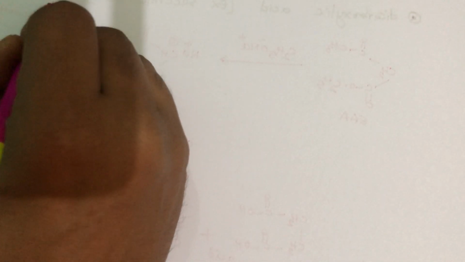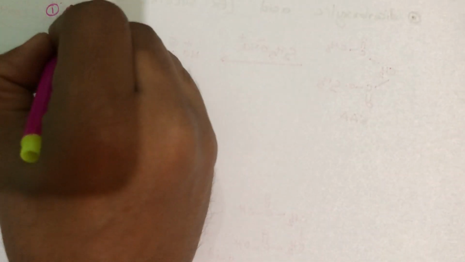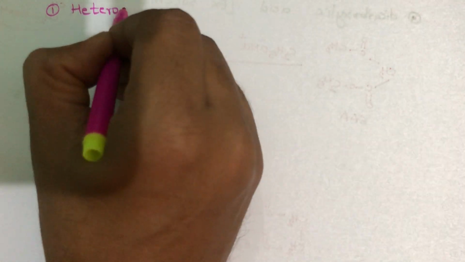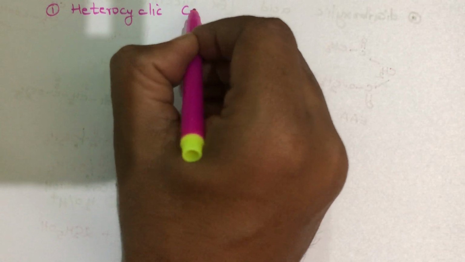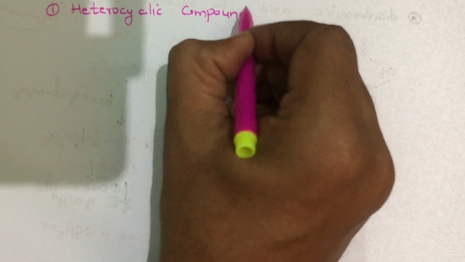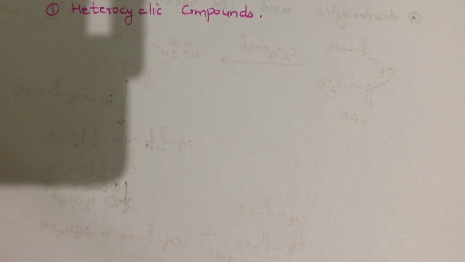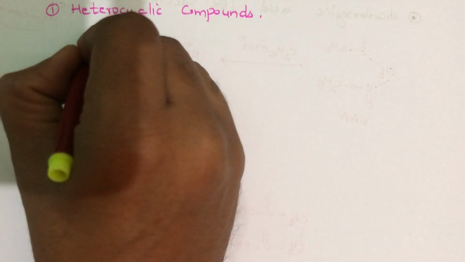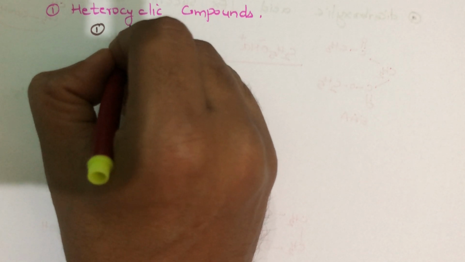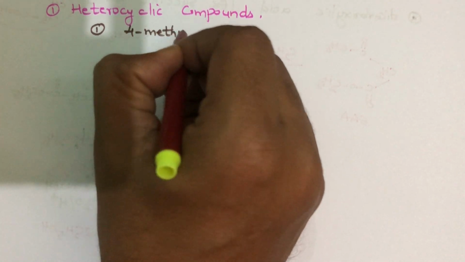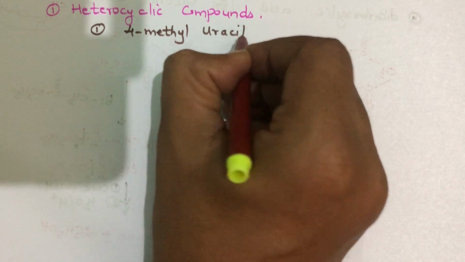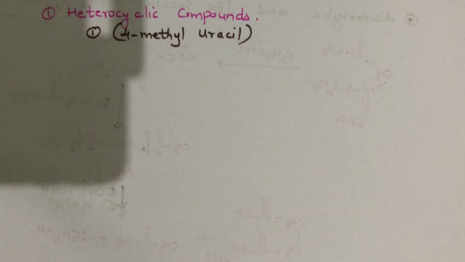Ethyl acetate can be used in the synthesis of heterocyclic compounds. First, we are going to synthesize the uracil compound, 4-methyl uracil.